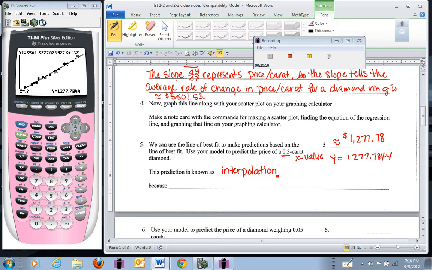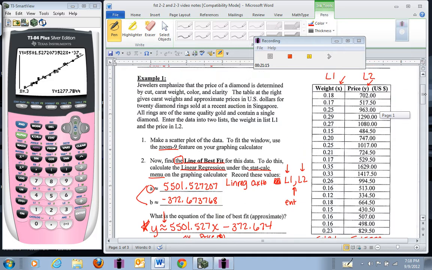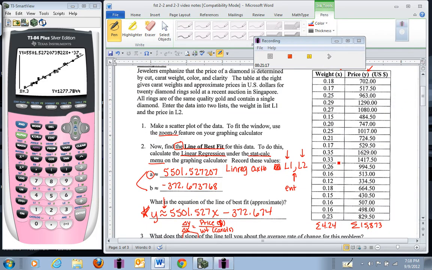Okay, it's called interpolation because the 3/10 carat weight lies between known values. In other words, if I go back up here and look at my data, my smallest carat weight and my largest carat weight are smaller than 3/10 and larger than 3/10.